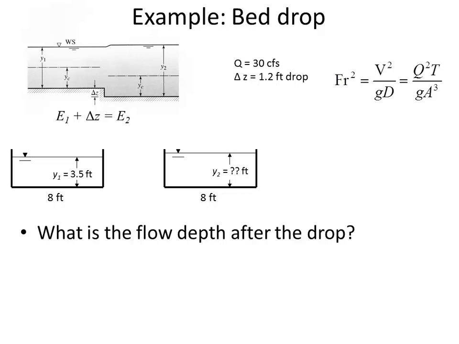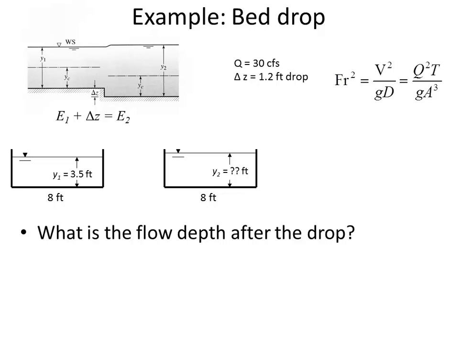Okay, so E1, 3.5178 feet, is equal to E2 minus the 1.2 feet. Okay, so what that says is that E2 is 4.718 feet. So we know E2 in terms of the magnitude of it, and the components of E2.